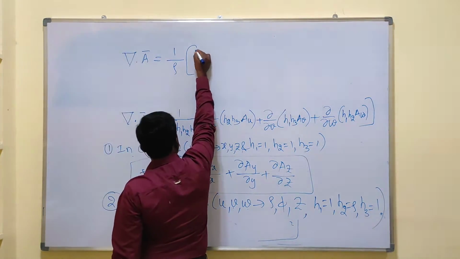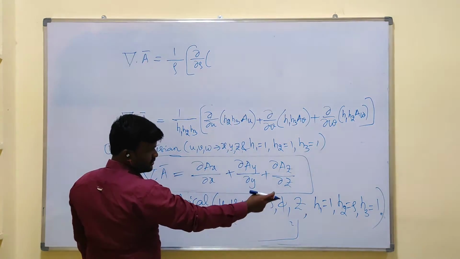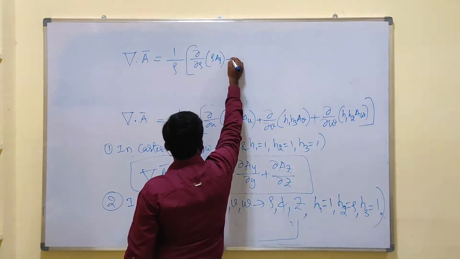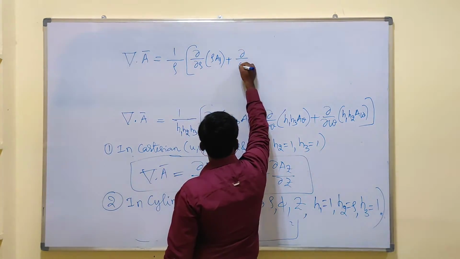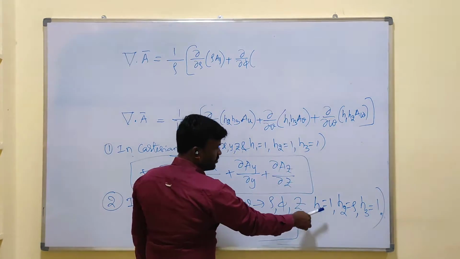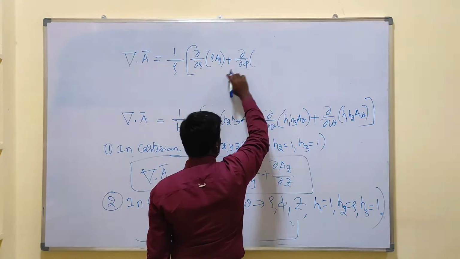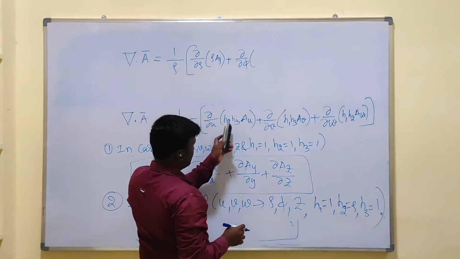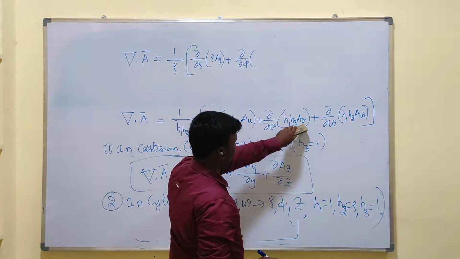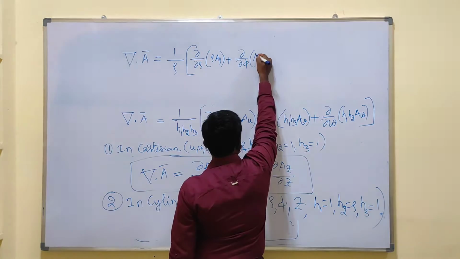The first element is ∂/∂rho of h2 h3, where h2 is rho and h3 is 1, so rho Aρ. Second element is ∂/∂φ. Except h2, we need to multiply the remaining two, h1 and h3, that is 1 into 1 only, and the second element, this is Av, that is Aφ.